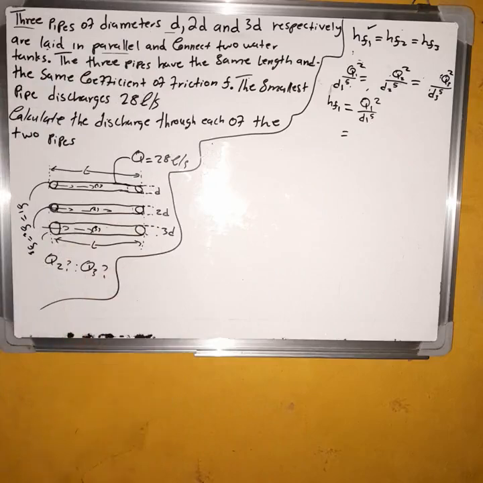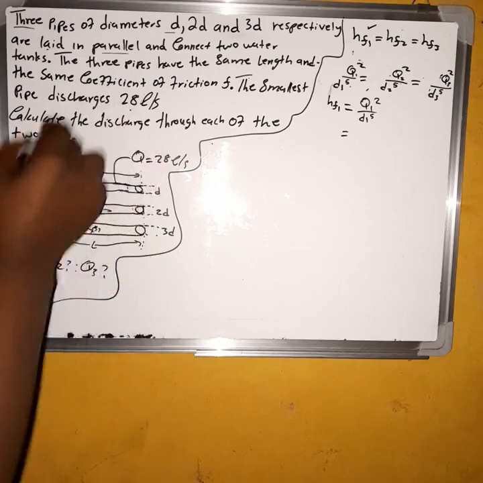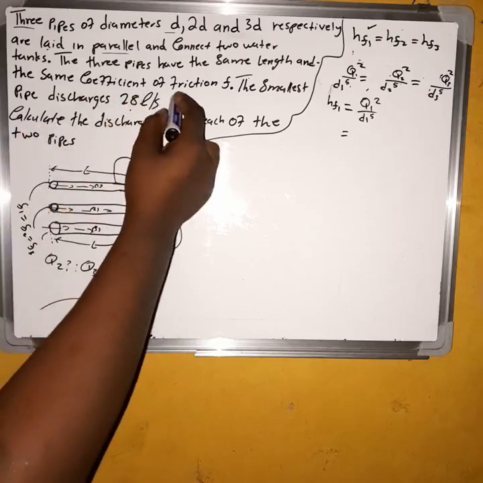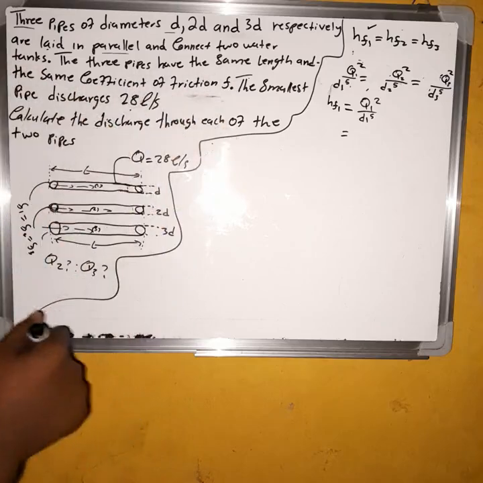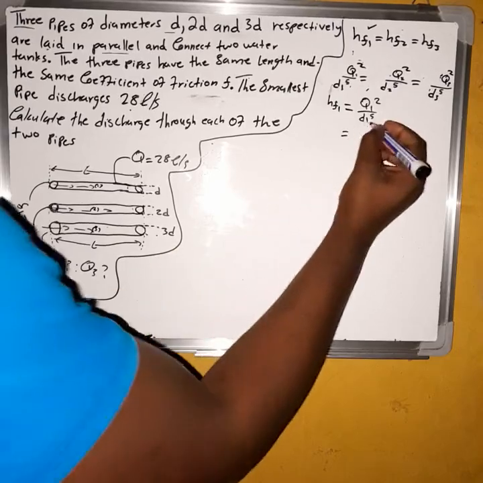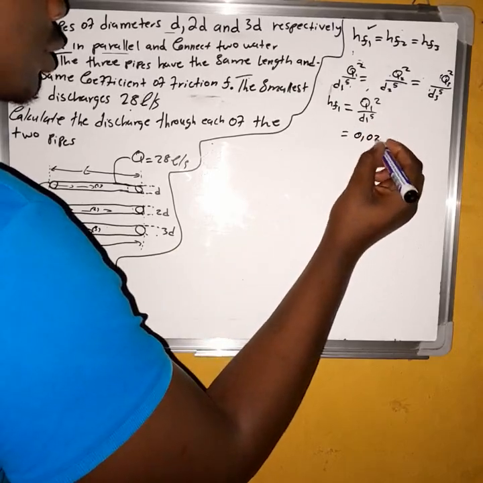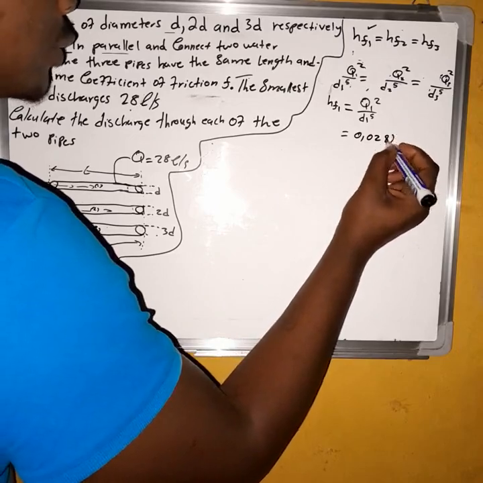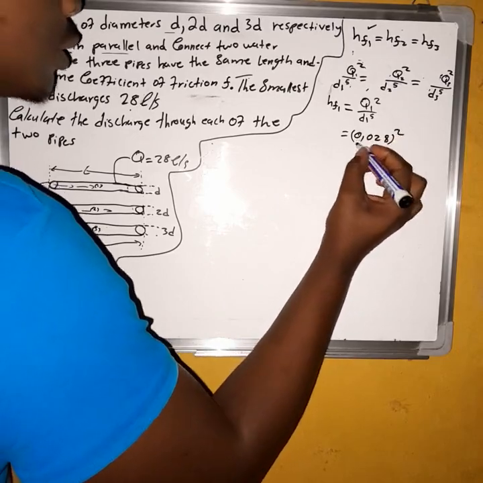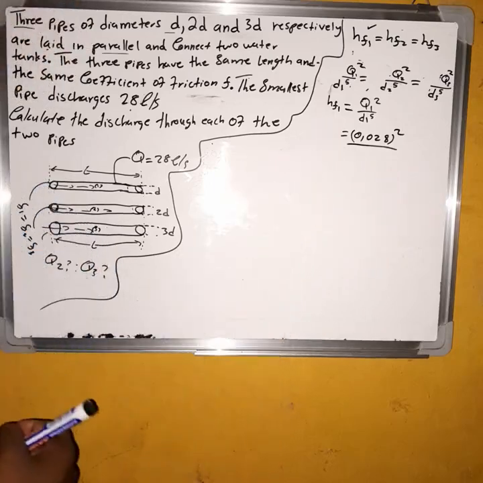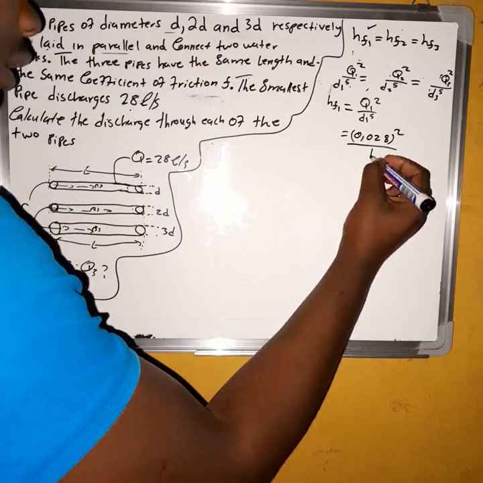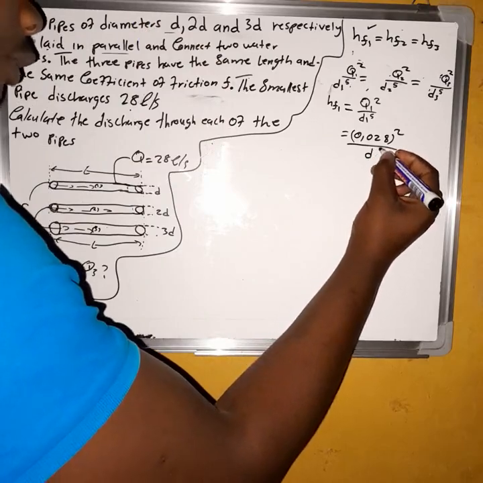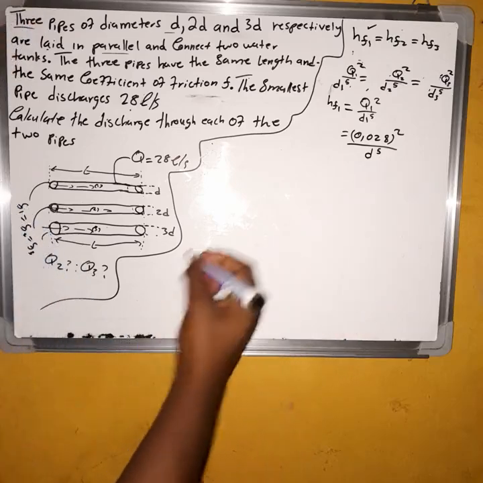Then do we have Q1? Yes, Q1 we have given, we divide by 1000 to be in cubic meters per second. Divide by 1000, we have 0.028 squared, divided by diameter 1, which is D. Since you just write D raised to the power 5, isn't it?